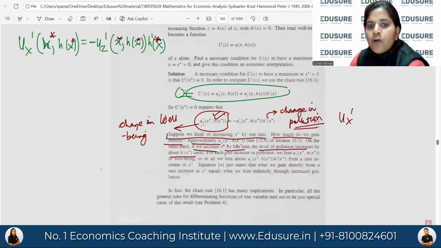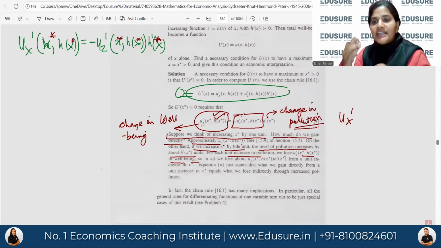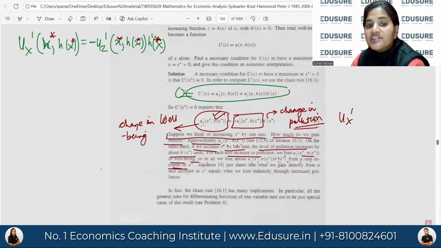For each unit increase in pollution, we lose u dash z x star in well-being, because it has a negative sign. So when pollution increases, the level of well-being decreases. So in all, we lose about u z dash x star hx star h dash x star from a unit increase in x star.